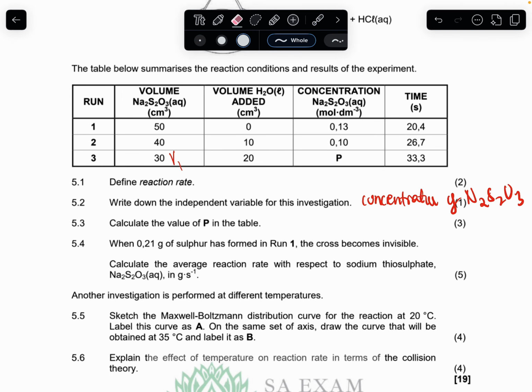This is going to be our initial concentration, P is the final concentration, and the initial volume is going to be that. V2, the final volume, is going to be 20 plus 30, which is 50. That's the volume we have.